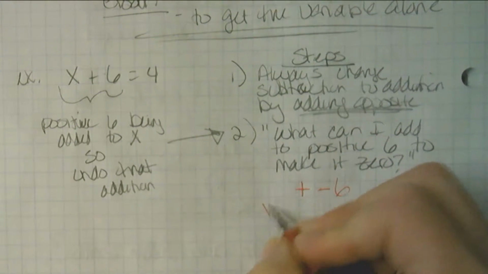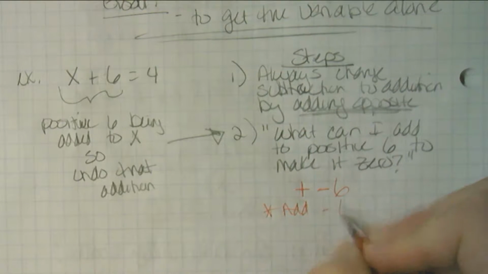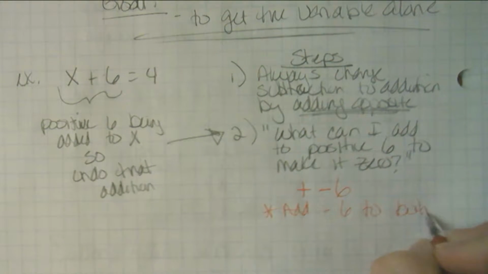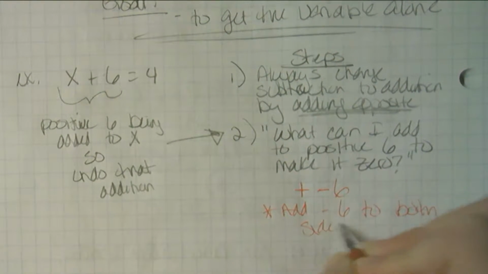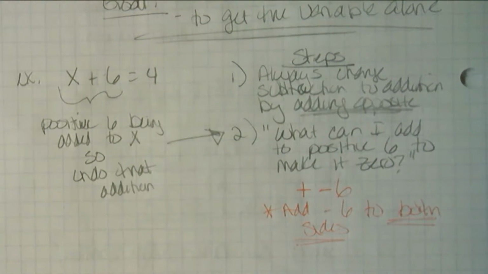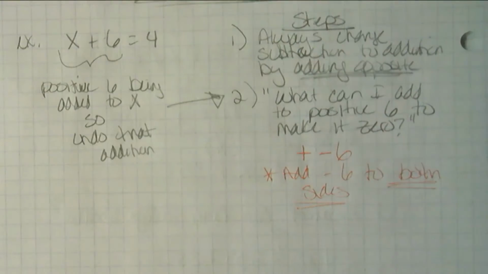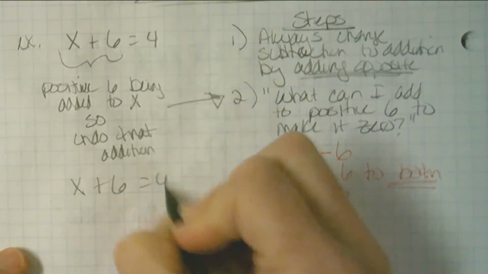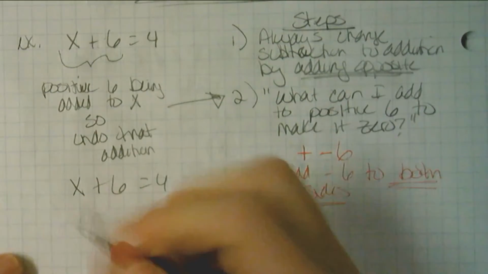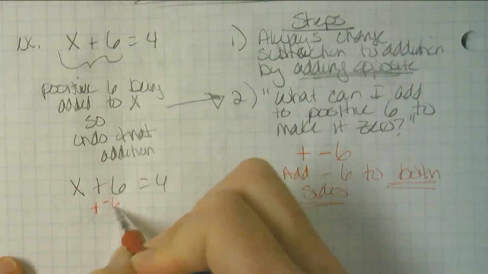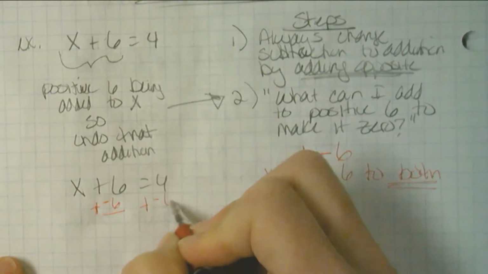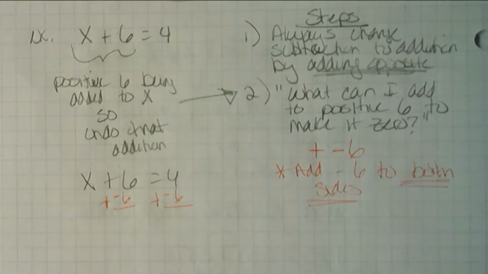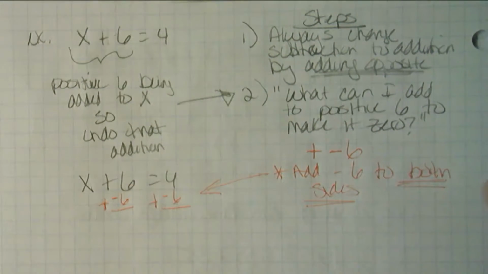So you're going to add negative 6 to both sides. Remember, whatever you do to one side, you have to do to the other to keep it equal. So I'm going to rewrite my given here: x plus 6 equals 4. And I'm going to add a negative 6 to my 6 and a negative 6 to my 4. So there is that step.